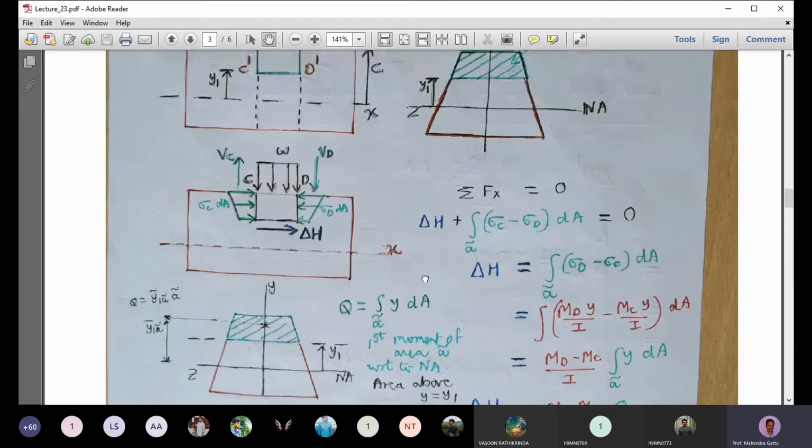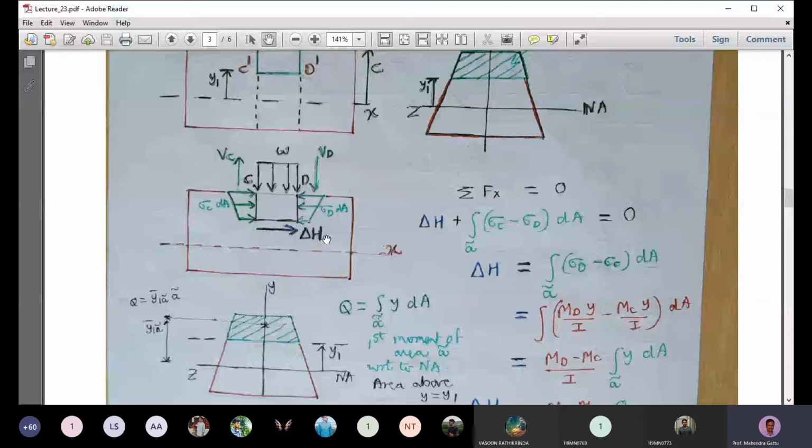So what we have done here is we have calculated the horizontal shear force acting on that surface, which is acting in the longitudinal direction, and then we found the shear flow, which is delta h by the length of the segment delta x.